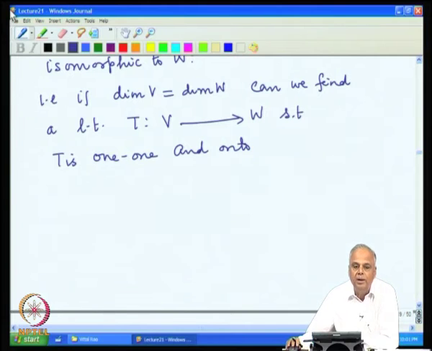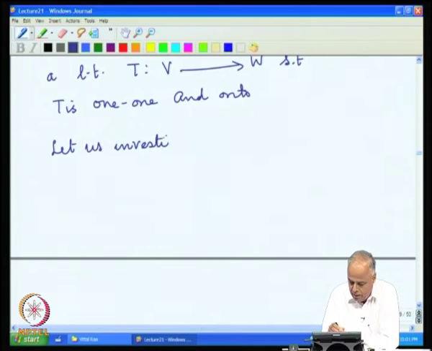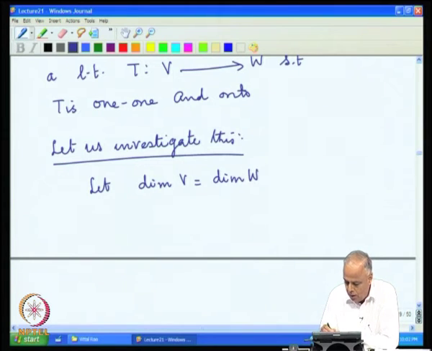Let us see whether we can generate such a linear transformation. Let us investigate whether we can construct such a T. The information given to us is that V and W are finite dimensional and that the dimensions are equal. So, let dimension of V be equal to dimension of W, and let us call that dimension n.